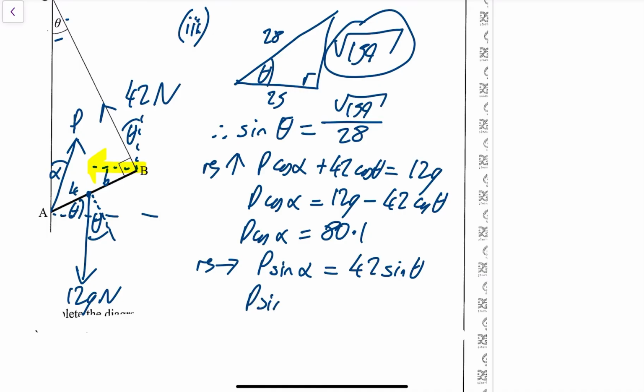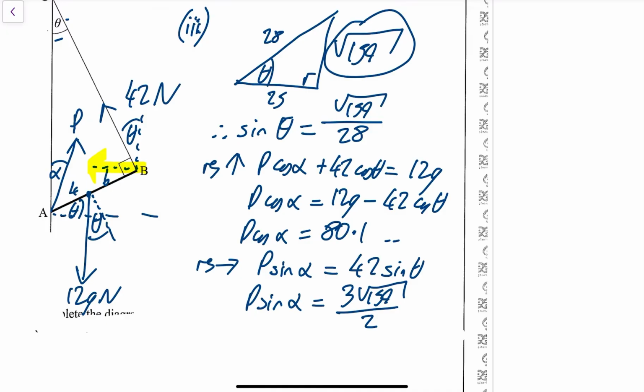So that means P sine alpha is equal to 42 times, and again I'm checking this, the square root of 159, and then that's all divided by 28, and what that gives me is an exact answer of 3 root 159 over 2. Yep, that's what it gives me.